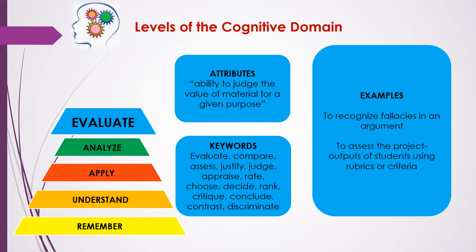Para masasabi mo na may kalidad or kulang pa yung ginawa ng bata. Okay. So, dito naman, to recognize fallacies in an argument. So, what are fallacies? No? Ito yung mga haka-haka, intuition. So, kumbaga, hindi siya fact statements or facts argument. Ano? So, that's for the evaluation level.